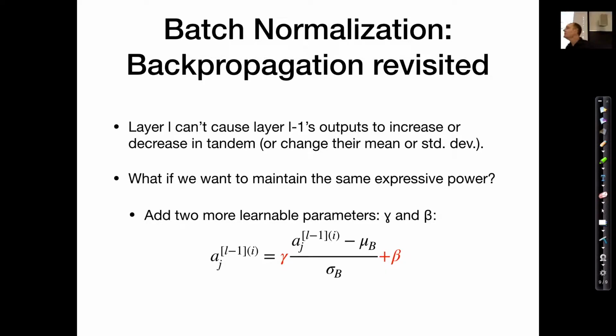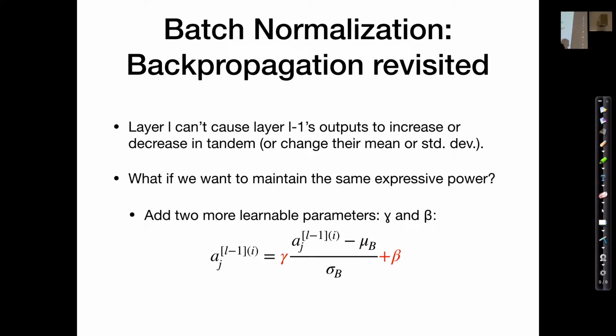So what we're going to do is add a couple more parameters that we get to learn. We do this rescaling, and then we multiply by this, let's call it a weight, gamma, and we'll add in a beta at the end. So this will change the standard deviation, and this will change the mean.